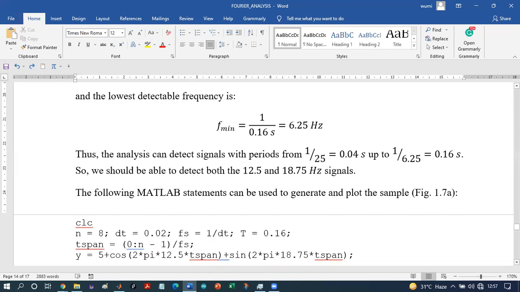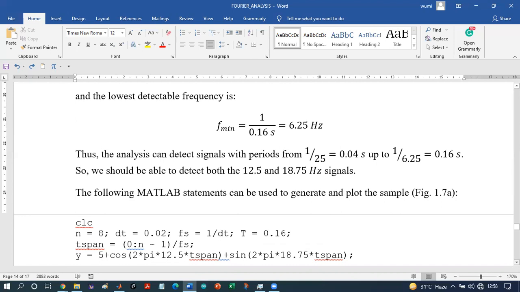So f of j is simply the amplitude of the signal at a particular point. We already know that we have 8 points. So the first thing you have to do when solving this question is to get f of j.